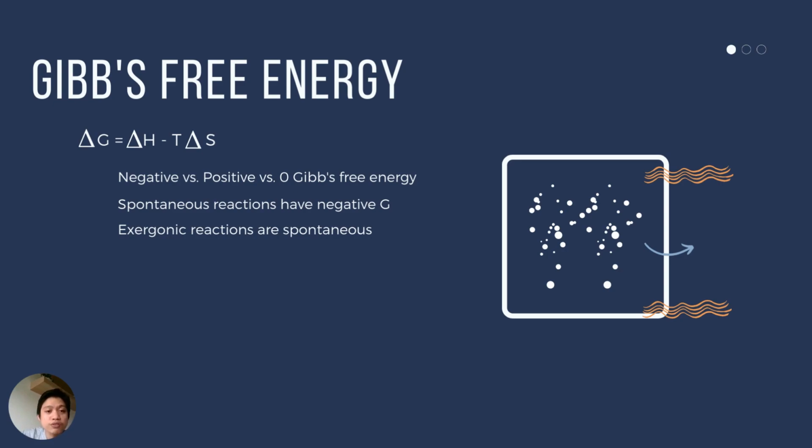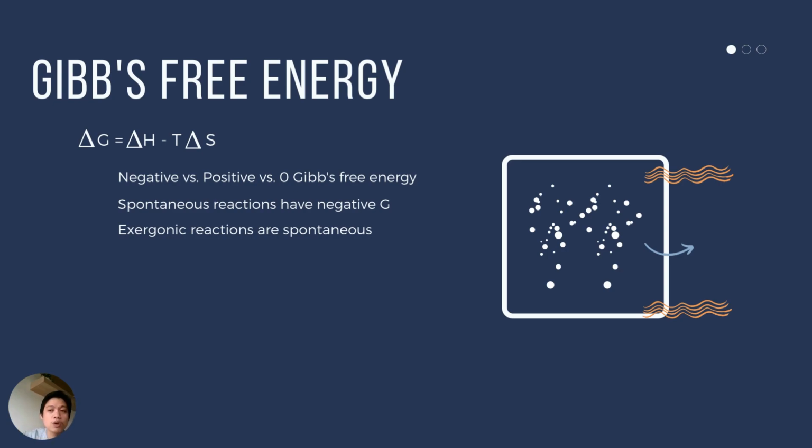If the Gibbs free energy is 0, that means that the system is in equilibrium. The processes in the system that tend to move towards disorder and the processes in the system that tend to move towards orderliness are at equal rates.